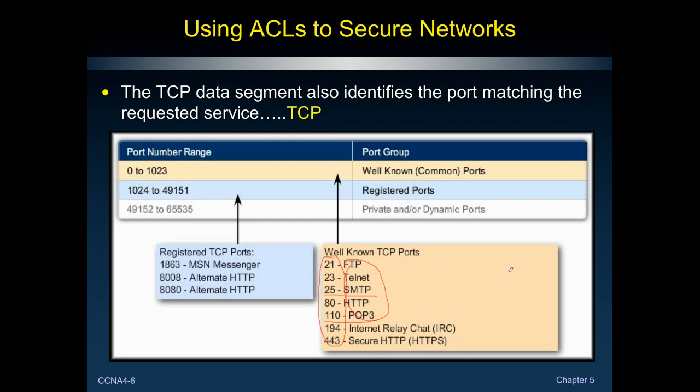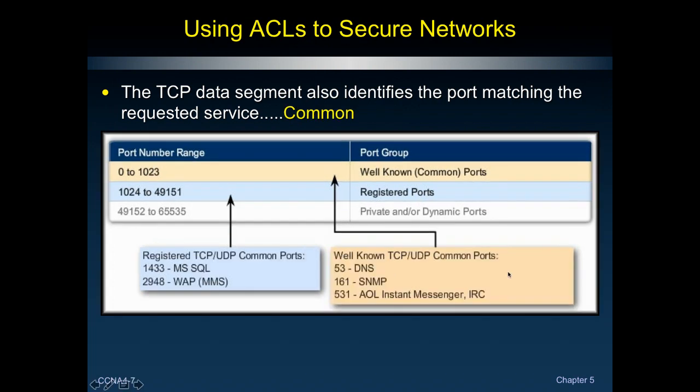Right? But there are some services or applications that use both ports, which is TCP and also UDP. Some of the well-known protocols or services that use both are DNS and also SNMP.